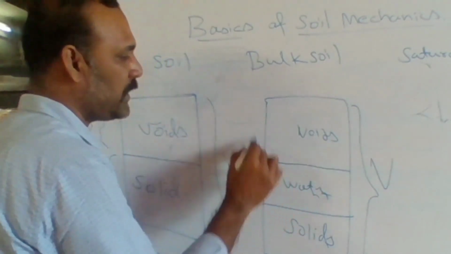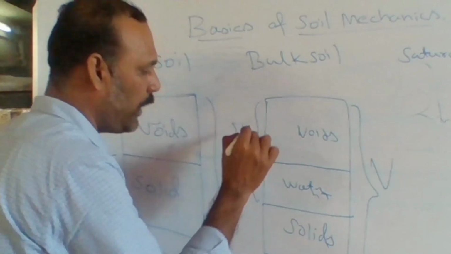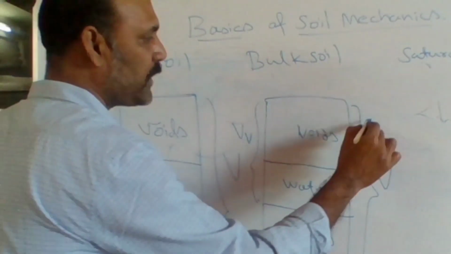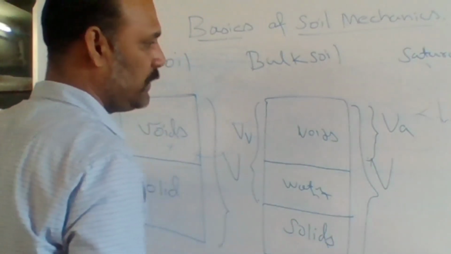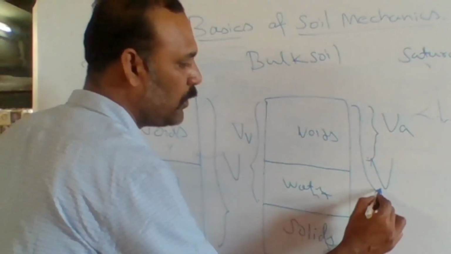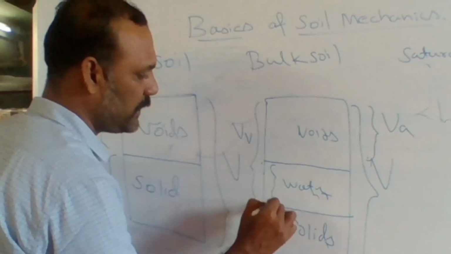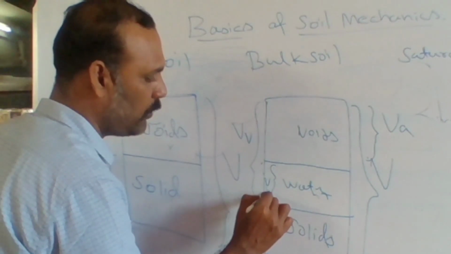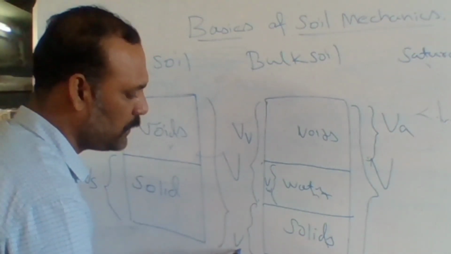But this whole we call volume of voids. This alone we call volume of air. This area is volume of water, and this one is volume of solids.